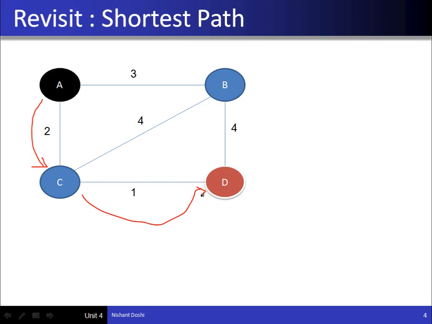And that's where we can try to use our greedy method, where we will take the shortest one. In the greedy, if you remember Dijkstra's shortest path method, from A it will take 2 and 3. So here there is 3 comma A and here 2 comma A. Now after this C will be selected because it has the minimum, and from C again 2 plus 1, that is 3 here.